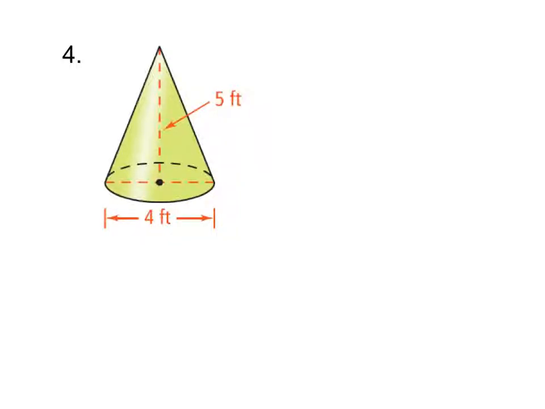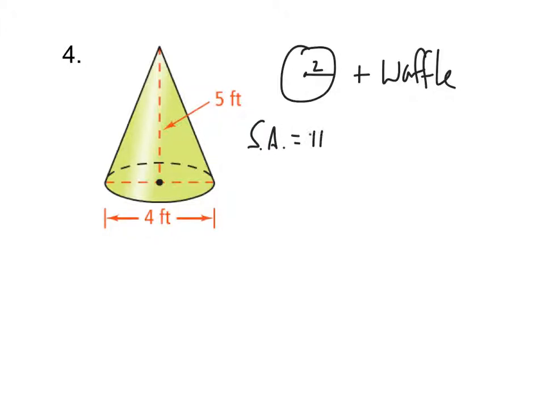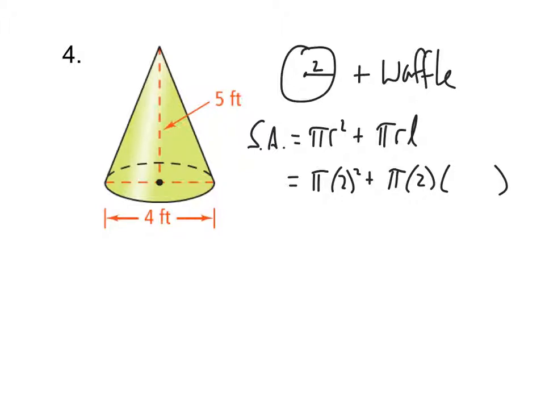So we have two surfaces. We have a circle that has a radius of what? 2. Plus the waffle portion of our cone. And so that means our surface area is going to be pi r squared plus pi r L. So pi times 2 squared plus pi times 2 times the slant height.